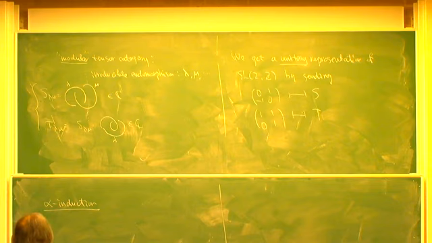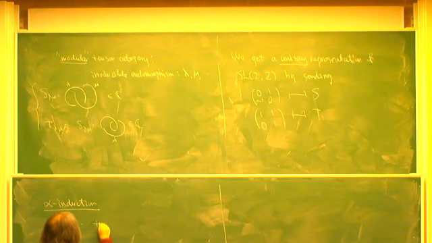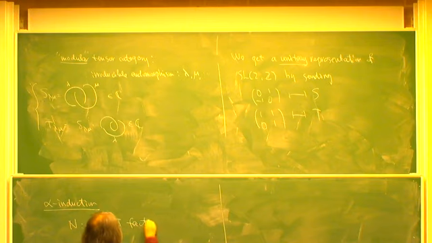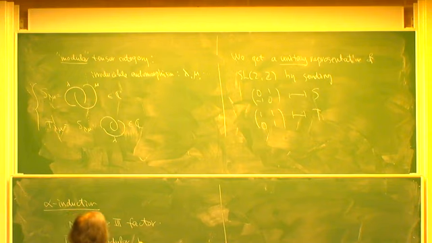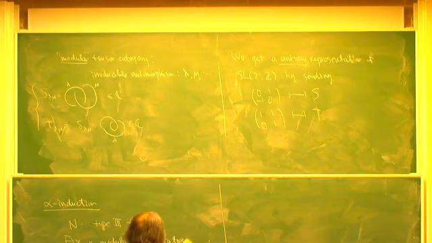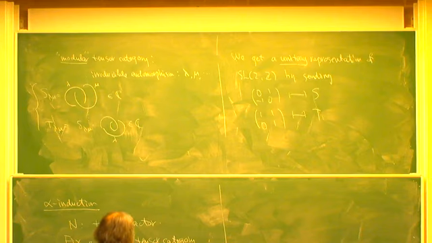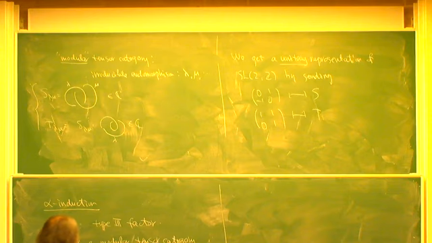We start with N, just a type III factor, and we fix a modular tensor category consisting of some endomorphisms of N. Then we want to find a subfactor, a Q-system, so that theta is an object of this.